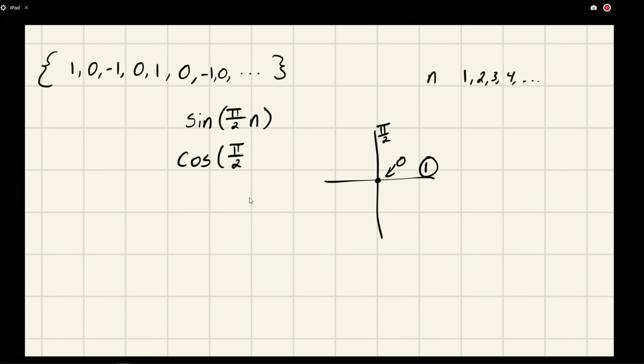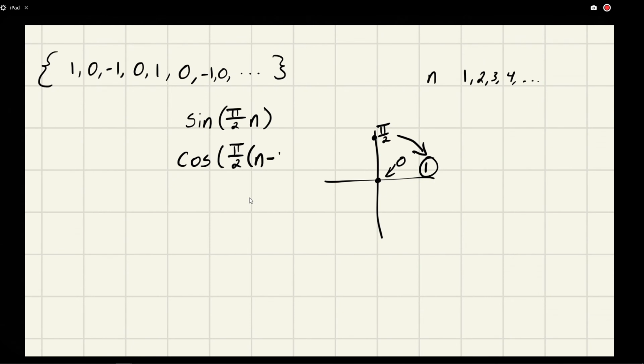That's over here. So what we need to do is we need to shift it back this way. So before, sine would start up here for pi over 2, but cosine is going to give us a 0. We want it to give us a 1. So we actually want to do n, and we want to go back a pi over 2.